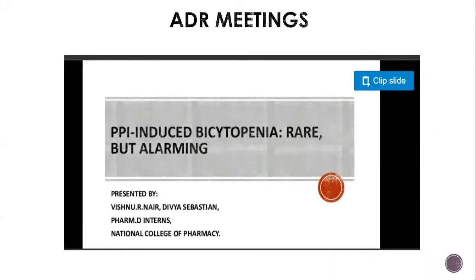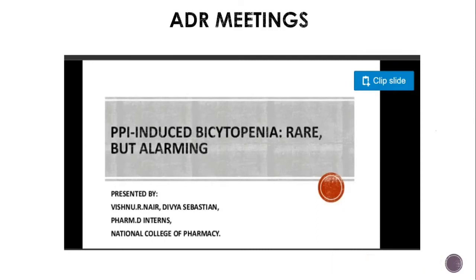So bicytopenia means any 2 blood cells of your body have reduced. So this was actually a rare case report which happened in China, I think in 2018 or 2019. So ADR meeting means any rare ADR if happened in any part of the world.